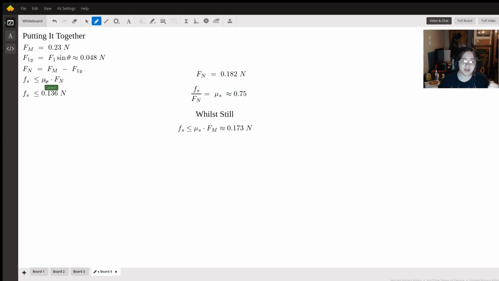Rearranging this equation a bit, we find that our static friction divided by our normal force is going to be less than or equal to our coefficient, which ends up being about 0.75. While the magnet is completely still, our normal force is going to be our magnetic force, right? So in that case, our static friction is going to be less than or equal to 0.173 newtons.